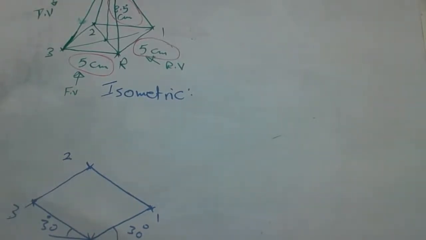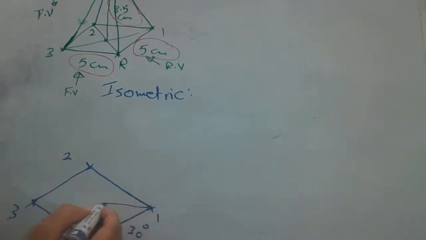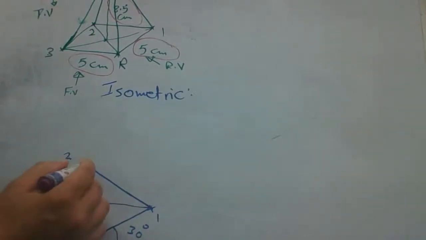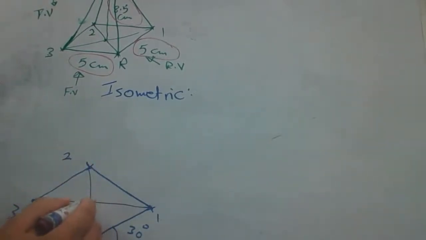Now we can draw the major diameter and the minor diameter of the rectangle shape, and determine the center point O. Now from the center point, we can choose the height of the pyramid.